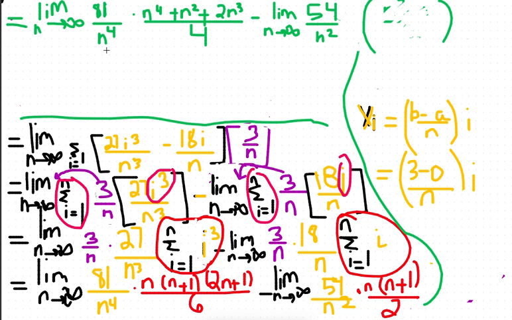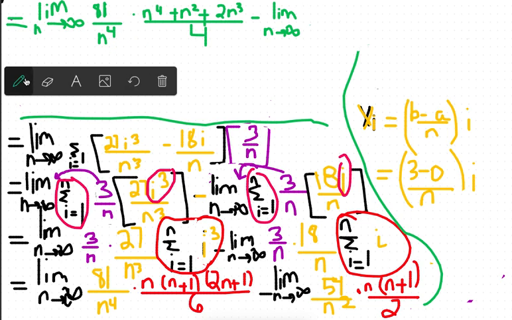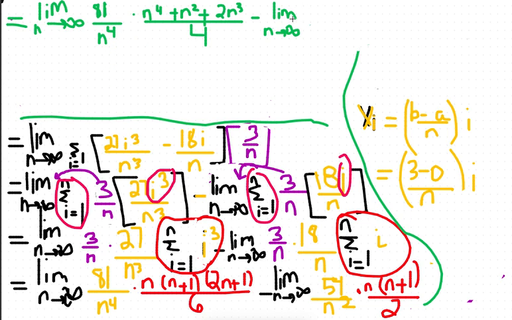So you have 54, actually, 1 second. Okay, so you'd actually have 54 n squared plus 54 n over 2n squared.